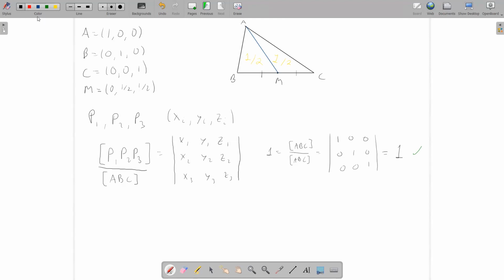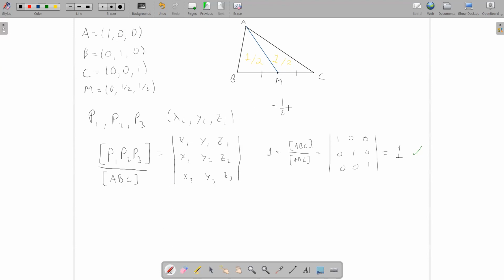If you look at triangle AMC, for example, half equals the signed area of AMC over the area. Actually, I'll do an example to show the signs.